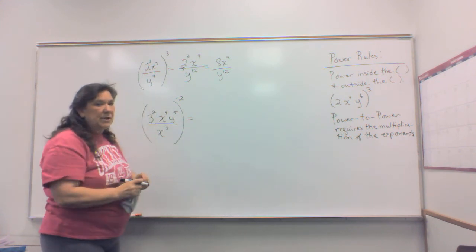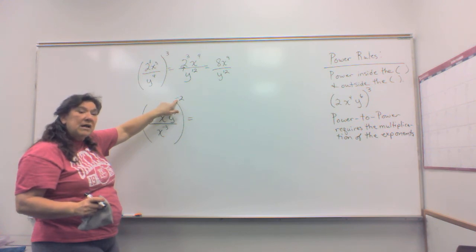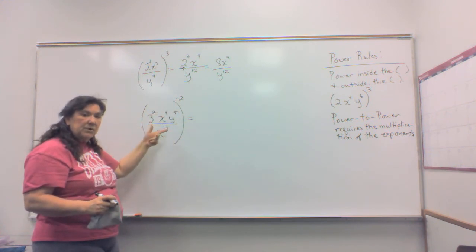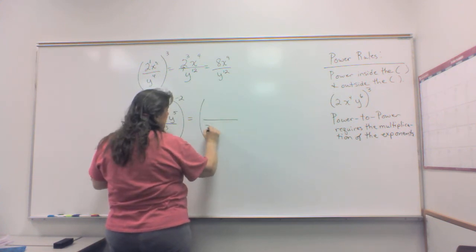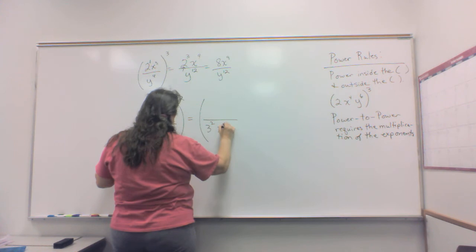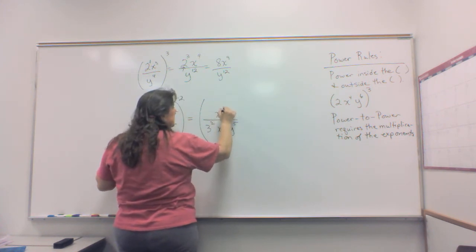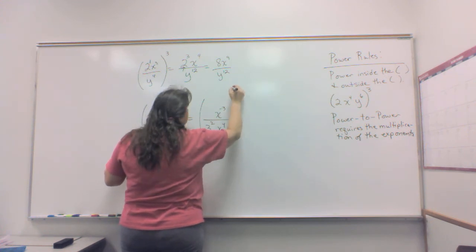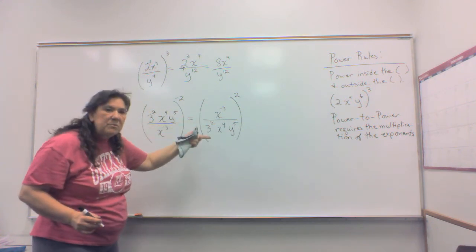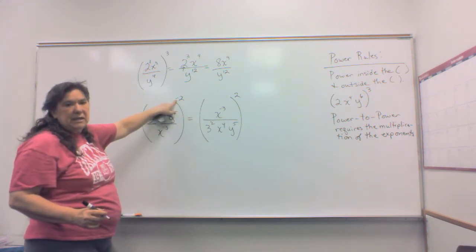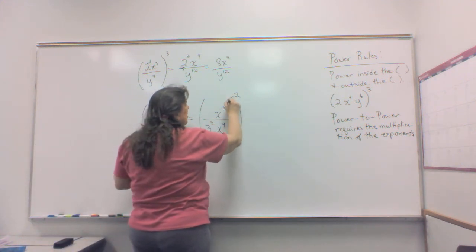Now, we can either change that negative 2 to a positive power by doing the reciprocal of what's inside, which is what I'm going to do. So this is going to become 3 squared, x to the 4th, y to the 5th, and x to the negative 3 comes on top. And now this is to the positive 2 power, because in doing the reciprocal, we have now eliminated the negative exponent. So now let's apply our power rule.